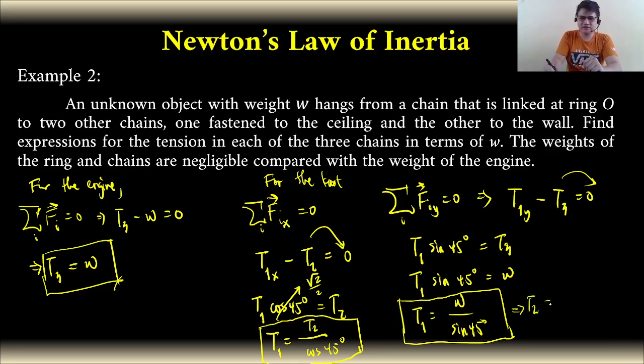But T1 is W over sine of 45, and we have cosine over sine. It's actually cotangent. So this is W cotangent of 45 degrees, or just W over tangent of 45 degrees.